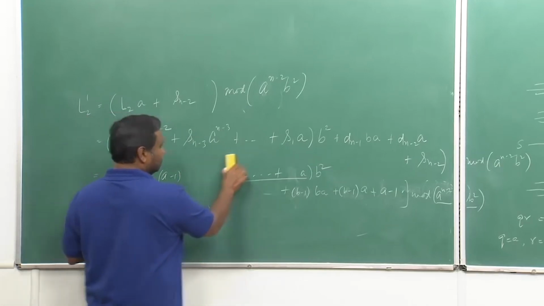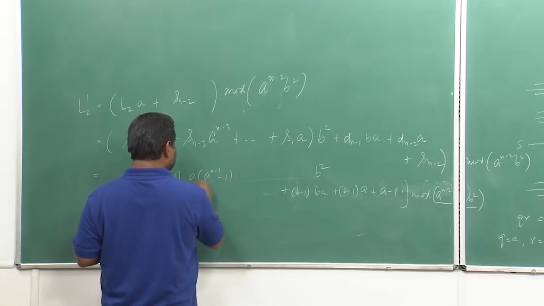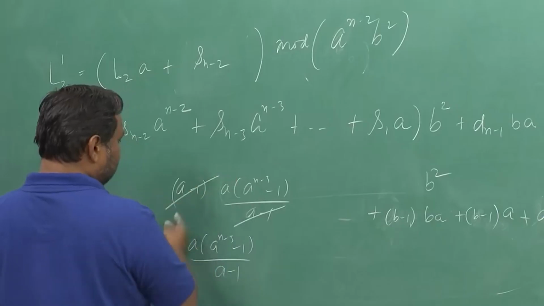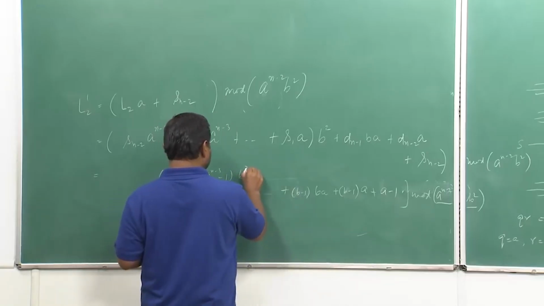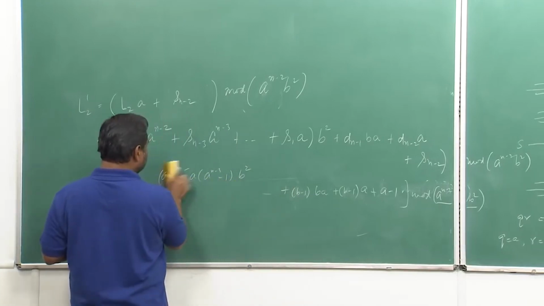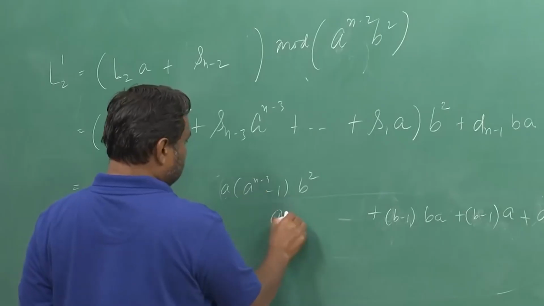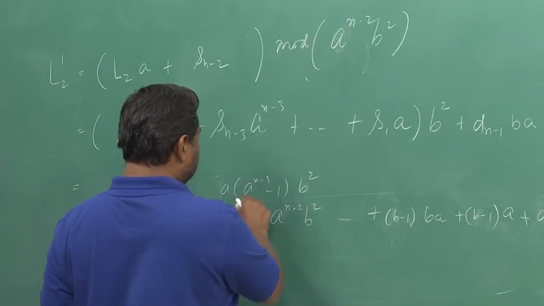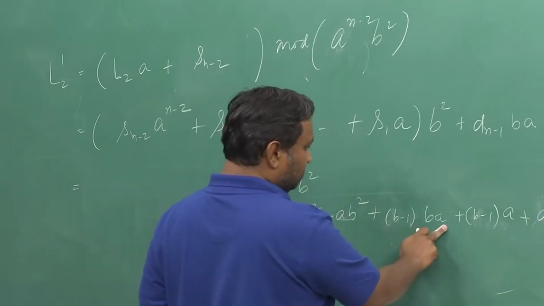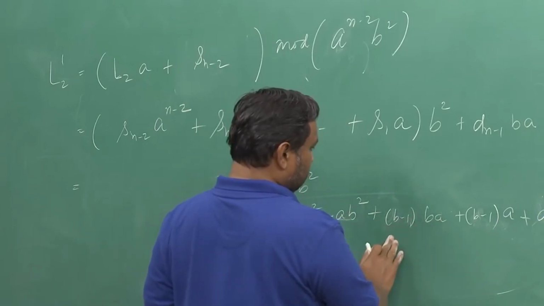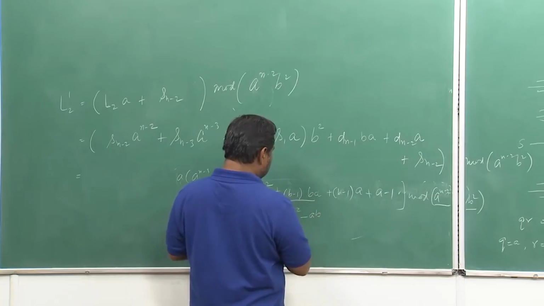So, I can replace a minus 1, it will cancel with this, b square will come here. So, I can write down this thing as a n minus 2 b square minus a b square. This term will give me a b square minus a b. So, I can replace this.